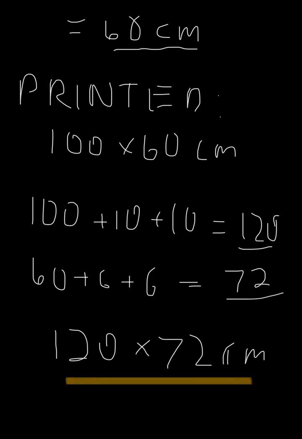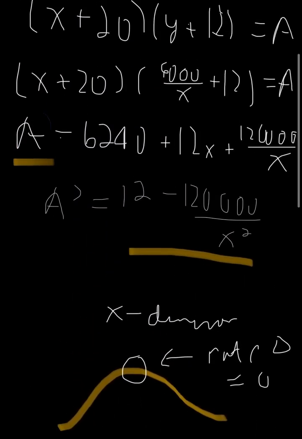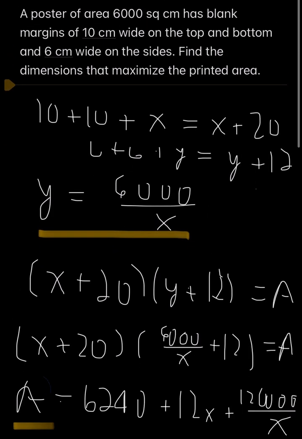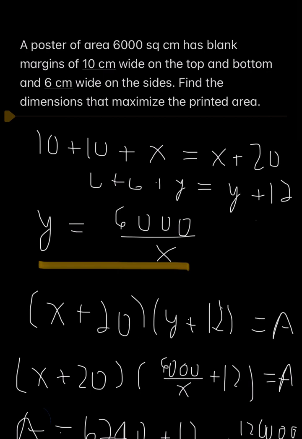I'm just going to give a quick overview of how exactly we got there and how you can apply this concept of optimization to future calculus problems. The first thing we did is set up an equation. Our original equation was x times y is equal to our area, but we were able to broaden that and separate it into printed and total area.